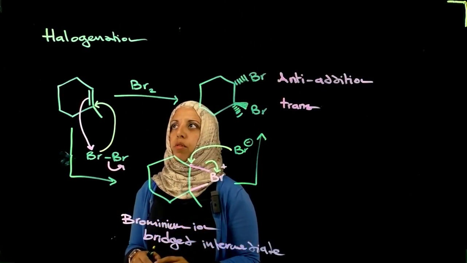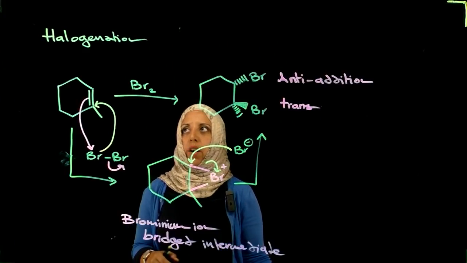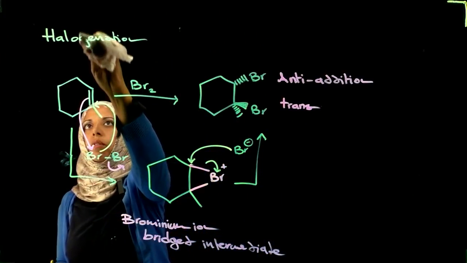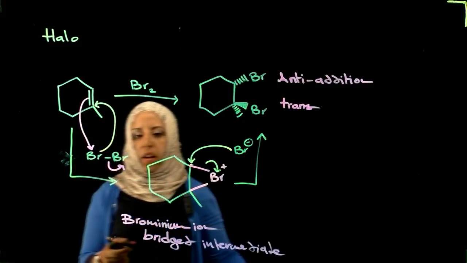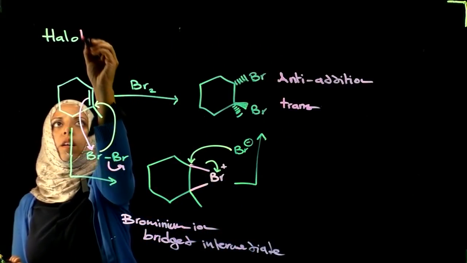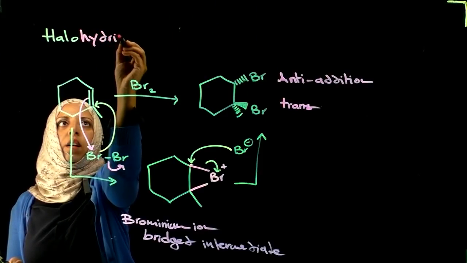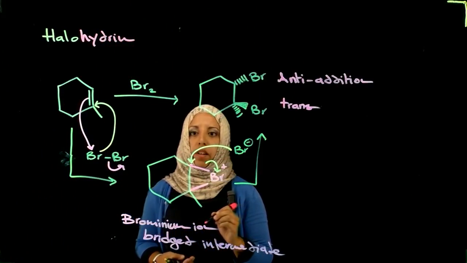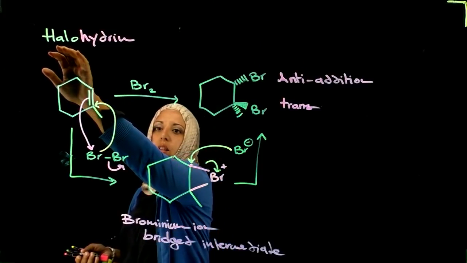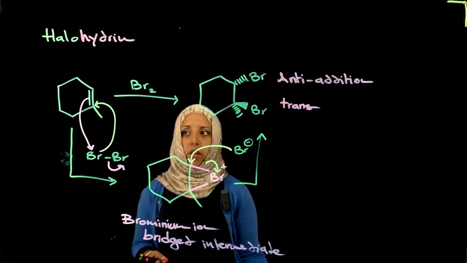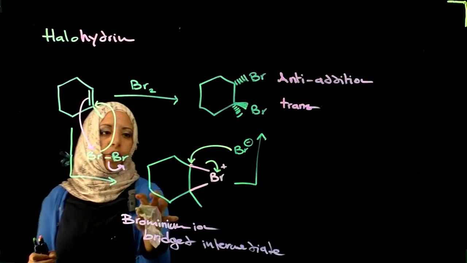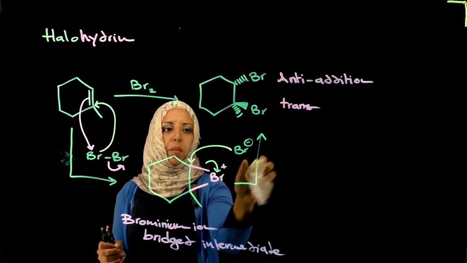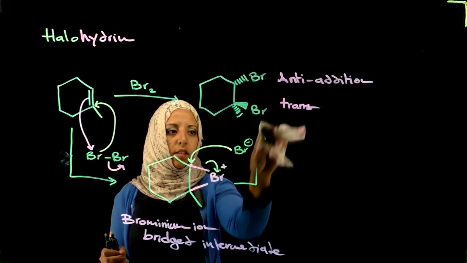And now we'll do one more, known as halohydrin formation, where we're adding a halogen and a hydroxide across a carbon-carbon bond. The very first step of it is exactly the same as what we just did.